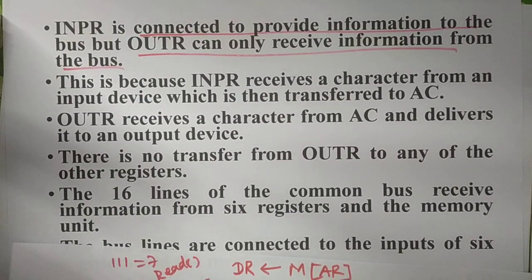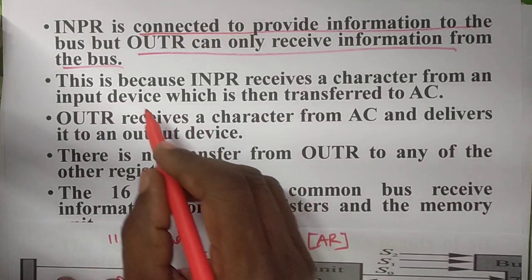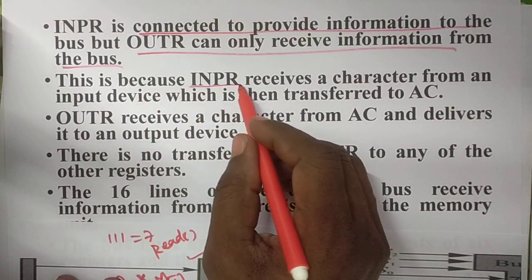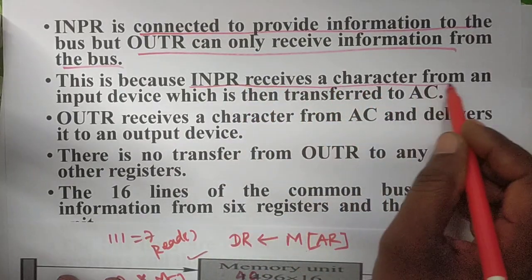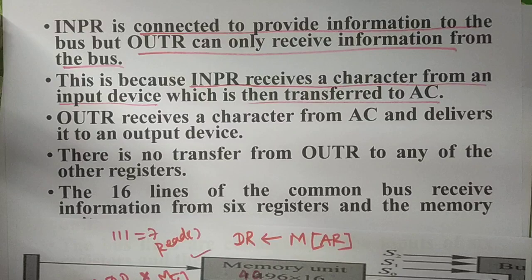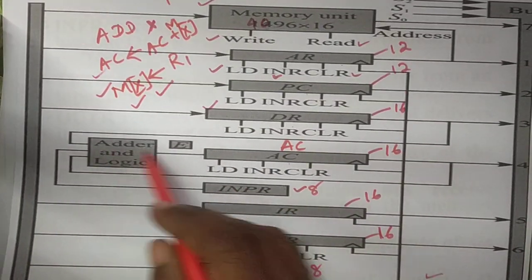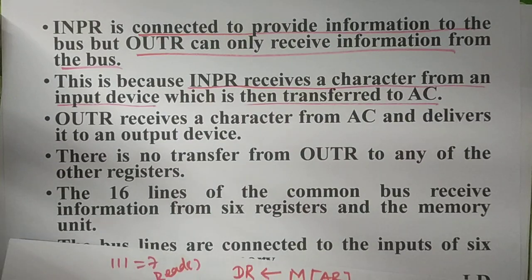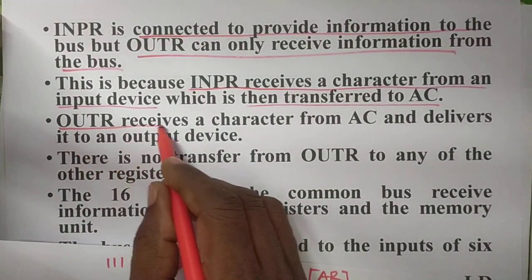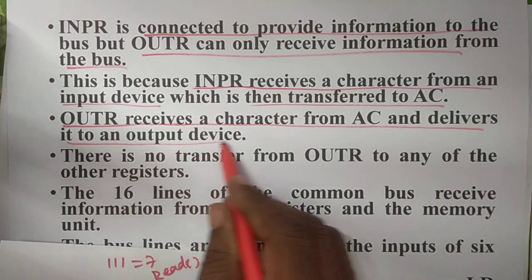This is the basic concept: the input register receives a character from an input device, which is then transferred to SC, and the output register receives a character from SC and delivers it to the output devices.